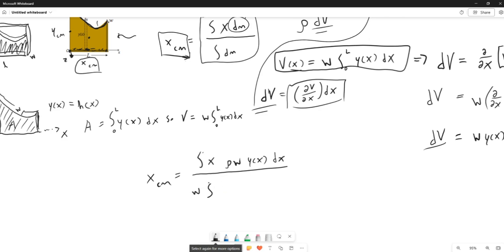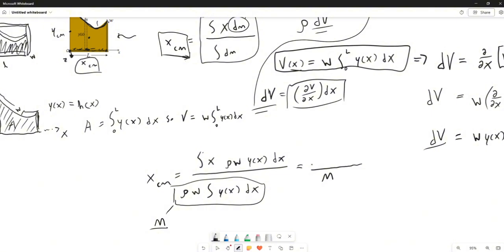I will go ahead and take the w out of the integral, and it'll be the same thing in the denominator, without the x. And so this term at the bottom is our total mass, capital M. And so all we need to do now is evaluate this integral to get what this position is.